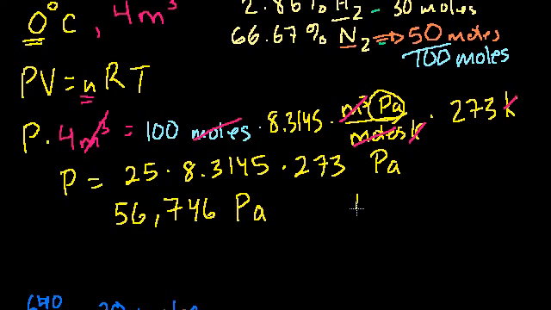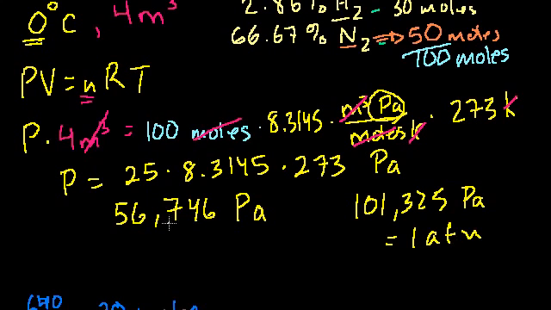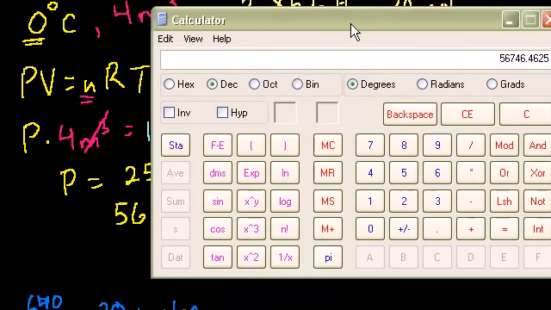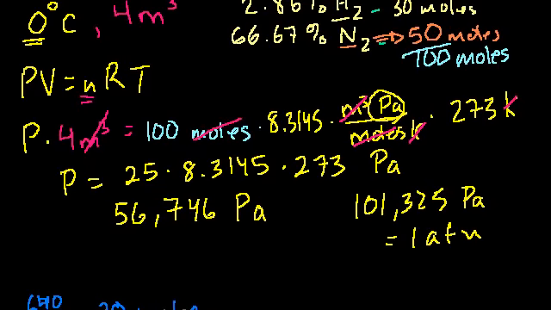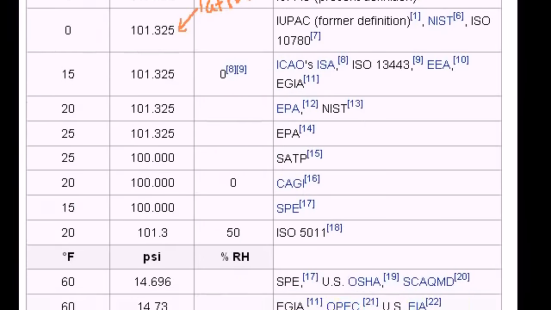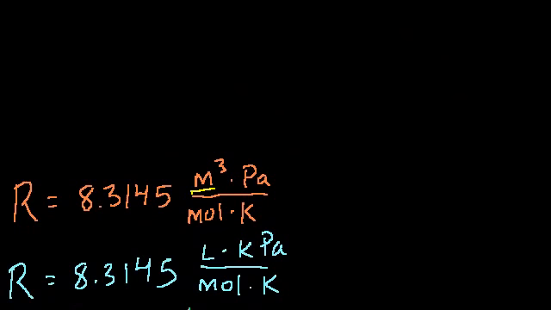It actually turns out that 101,325 pascals is equal to 1 atmosphere. So if we want to figure out how many atmospheres this is, we could just divide that by that large number. I think that's right. Let me look it up on this table. Is it 101? Yep, 101,325.